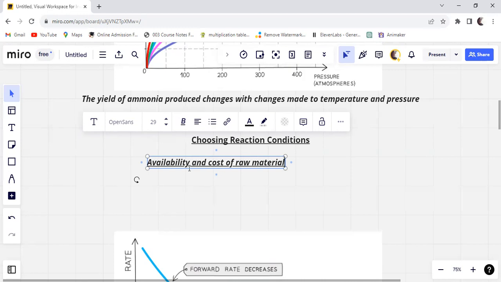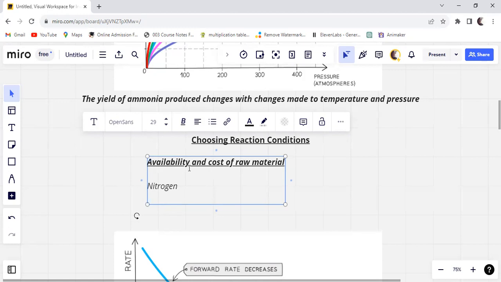So, you know that in Haber's process, we have raw materials that are readily available and inexpensive to purify. The raw materials are, first, nitrogen. We simply get the nitrogen from air by fractional distillation. It is cheap, inexpensive, as well as readily available to us.